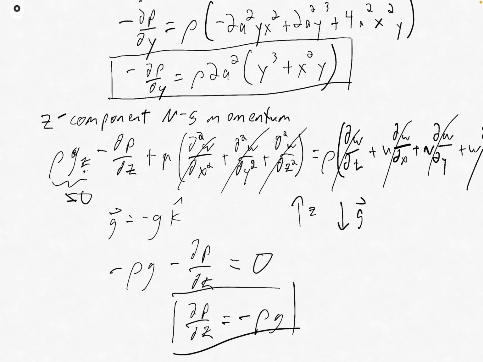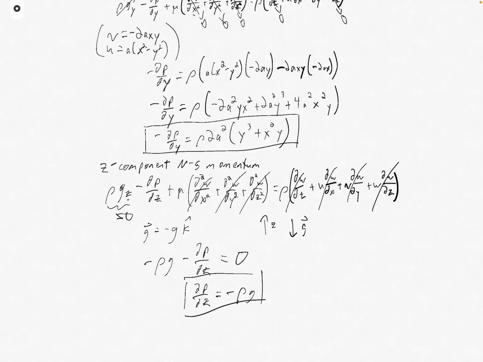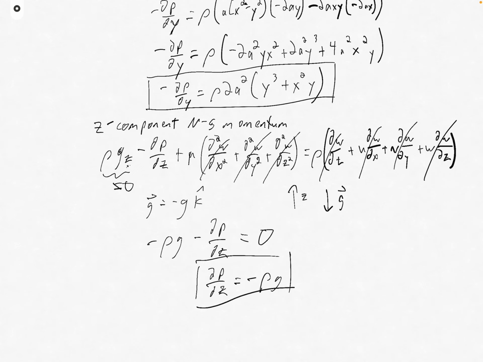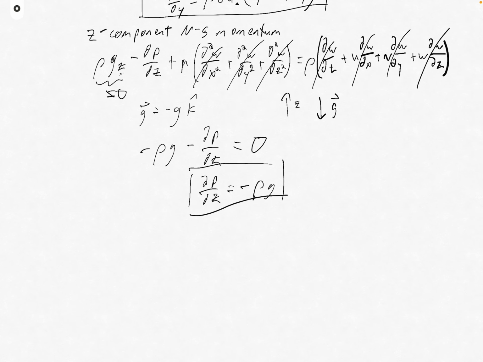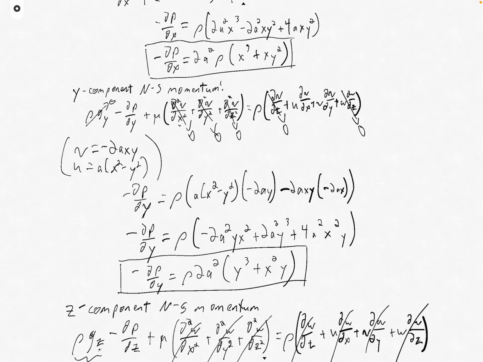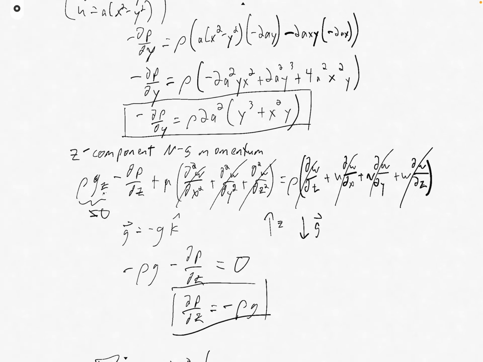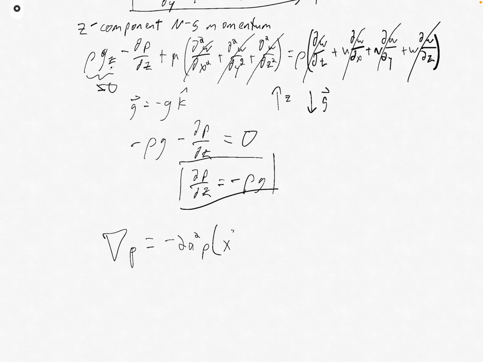Okay, so we now have three components of our pressure gradient, grad p. We could gather these all together and write it out in vector form. So for example, we could say that grad p is going to be equal to, just scroll up and check out our answer, minus 2a squared rho times (x cubed plus xy squared) in the I direction, or in the x direction.